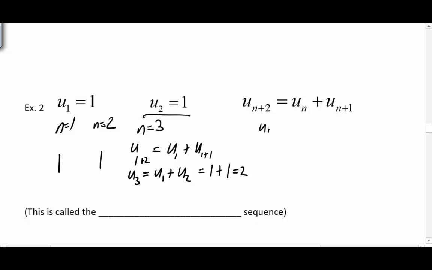Okay, what about the fourth number? I'm going to write this out a little long. What number n would give me a 4 if it's n plus 2? That would be a 2.